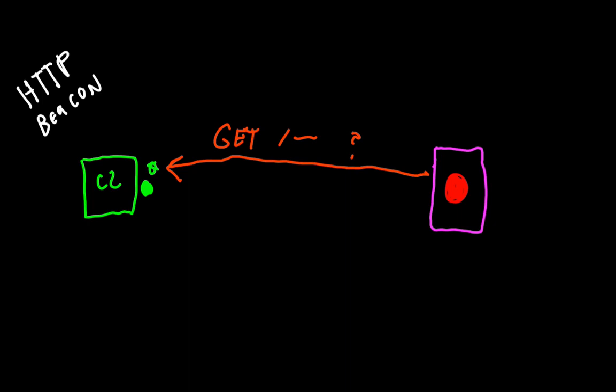And Cobalt Strike may respond and say, no, I don't. In which case, the HTTP beacon payload will go back to sleep for whatever time period is configured in the payload profile. And it will wake up later on, and you won't believe what happens next.